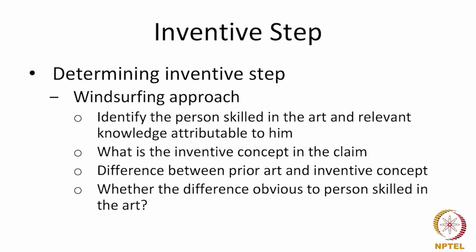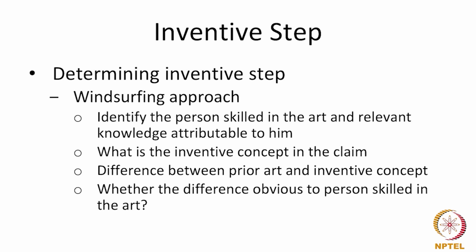So, the windsurfing test has 4 steps, and it involves starting with identifying the person skilled in the art and the knowledge attributable to him. Second, it involves constructing the claim, identifying the inventive concept, then identifying the difference between the prior art and the inventive concept, and seeing whether it would have been obvious to a person to make that journey or to take that step.